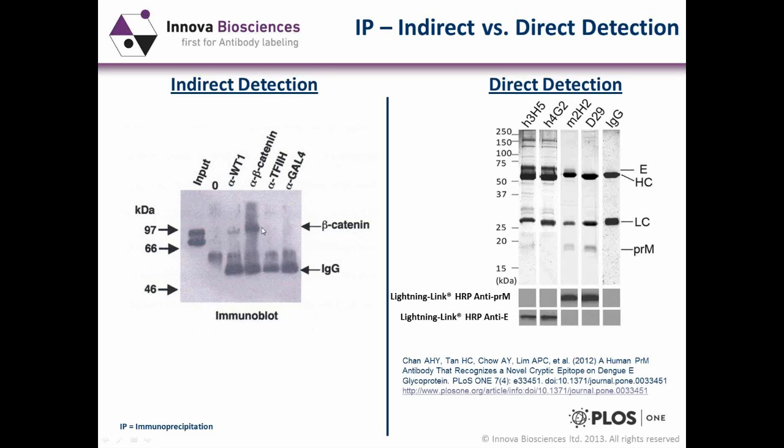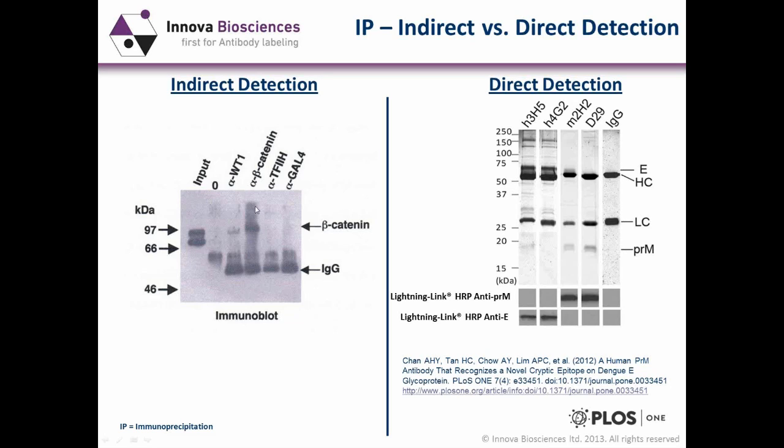And obviously, because you have heavy and light chain present within the system, we end up with this IgG band present in the Western blot itself. As you can see, because there's so much heavy chain there, I'm getting a lot of non-specific binding, especially where the beta-catenin protein is migrating.